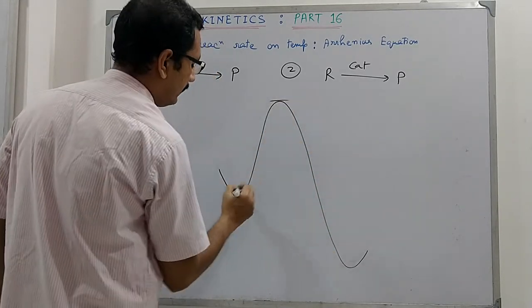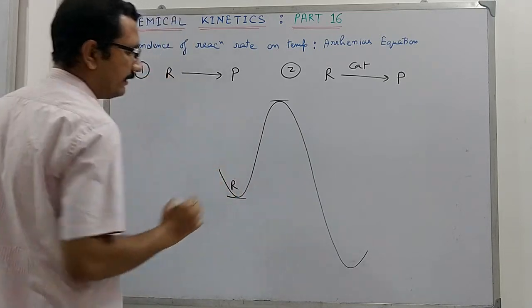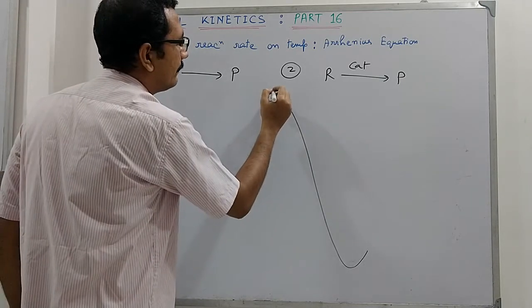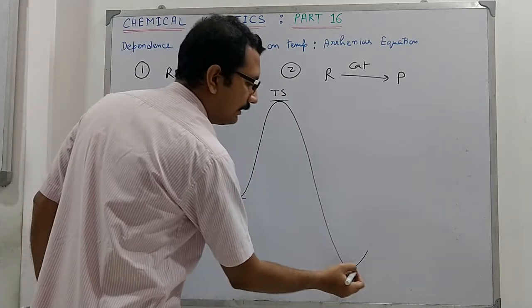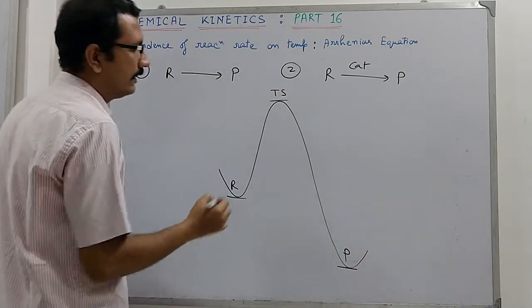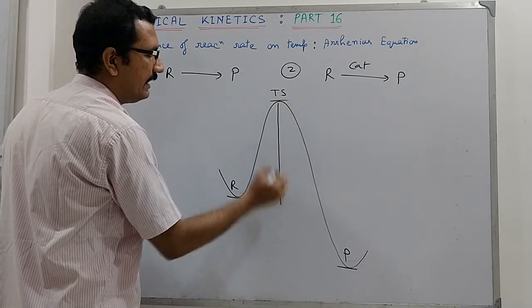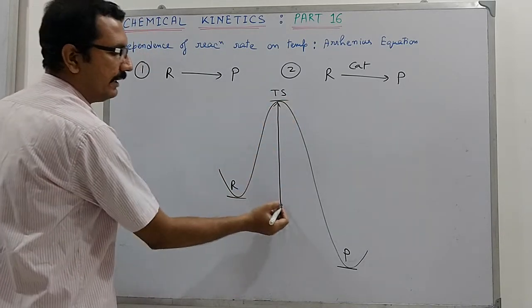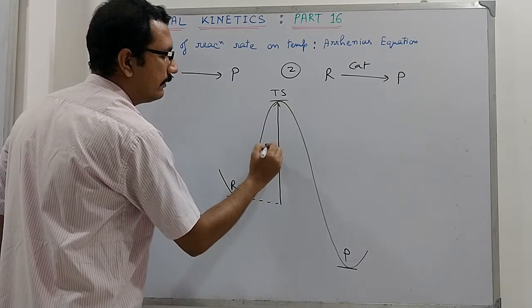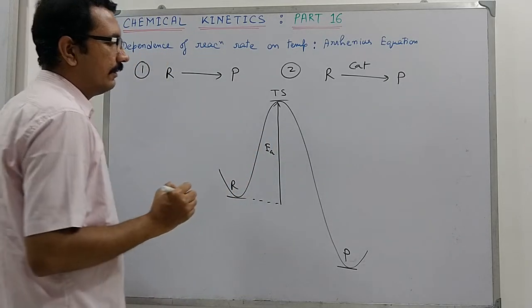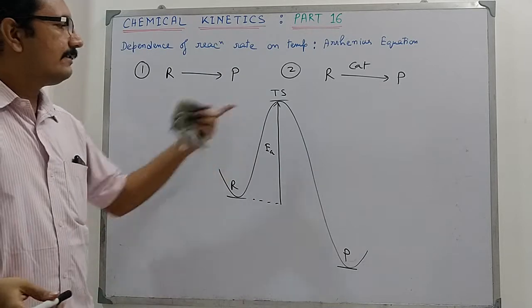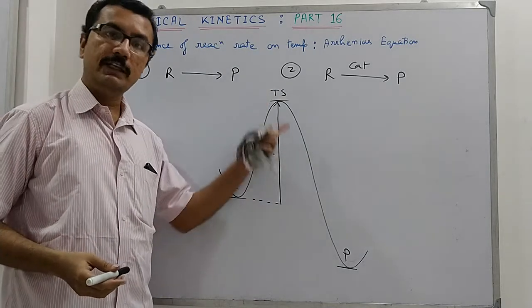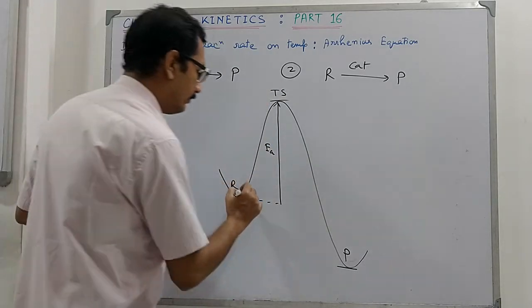Say this is the reaction, here you have the reactant and first you get an activated complex, that is the transition state, then you have the product. Now the reactant molecules have to cross the barrier which is say EA. Now in presence of catalyst, another pathway is designed with less activation energy.